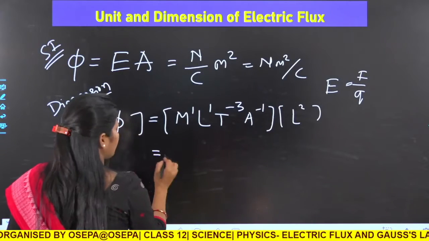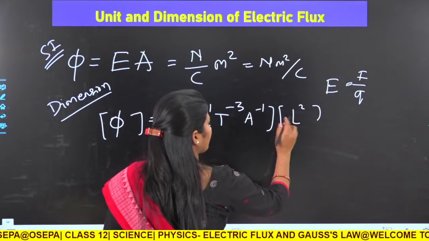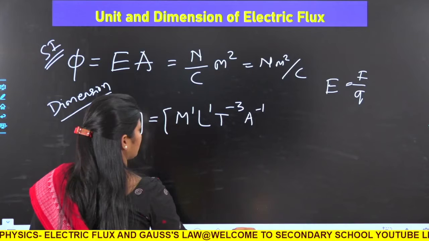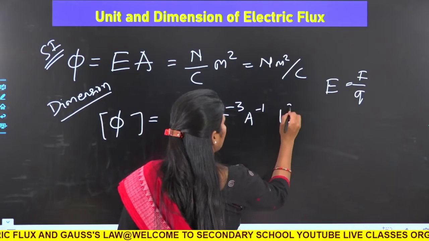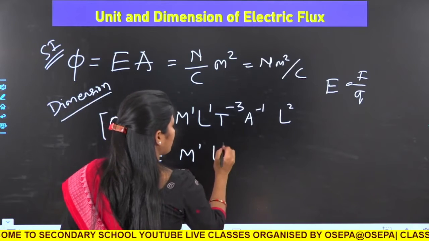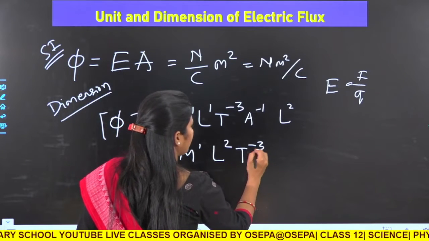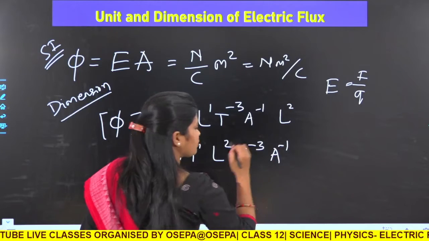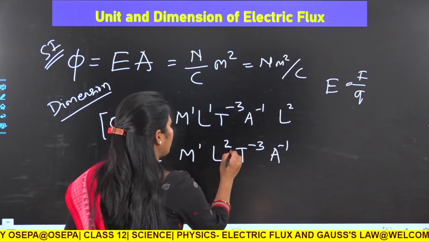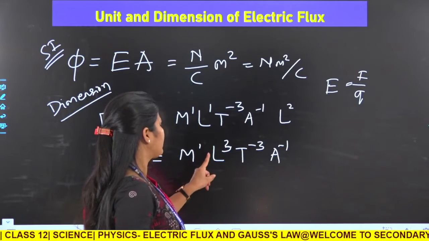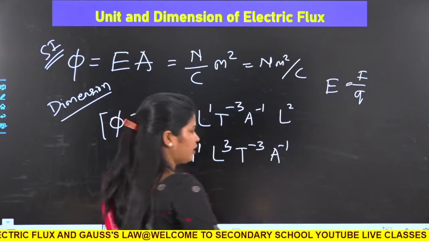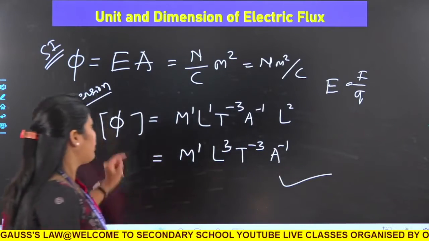So that will be M1 L2 T minus 3 A minus 1. Okay, this is the dimensional formula of what? Flux, electric flux.